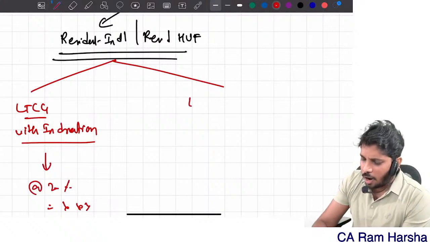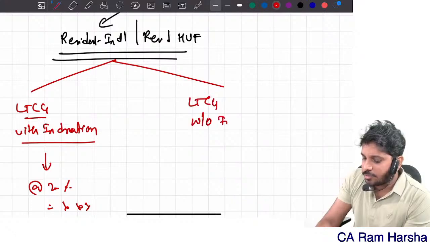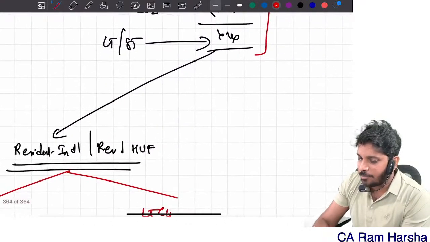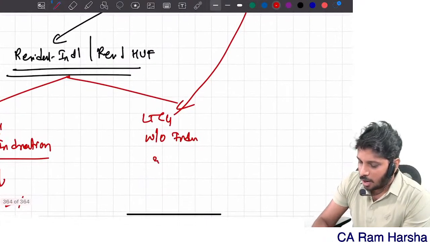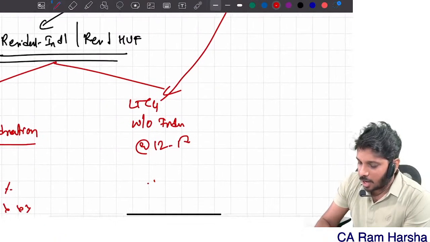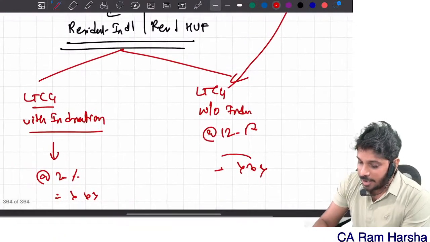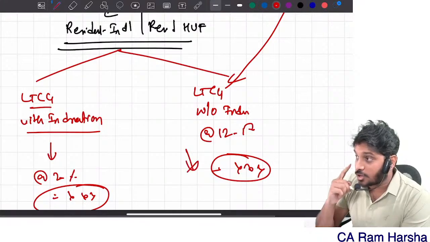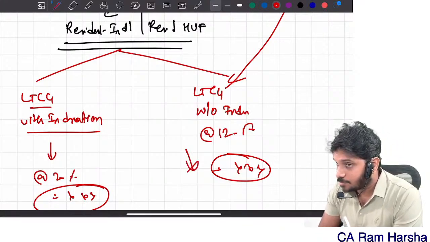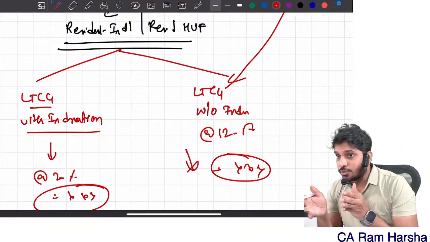Already you computed long-term capital gain without indexation, correct? Copy that amount here and apply 12.5%. How much tax amount are you getting? Where the tax amount is lower, that option you will choose. This will be applicable for whom?